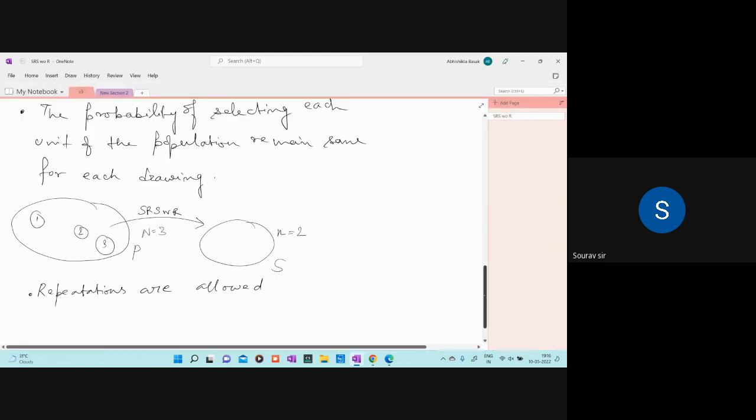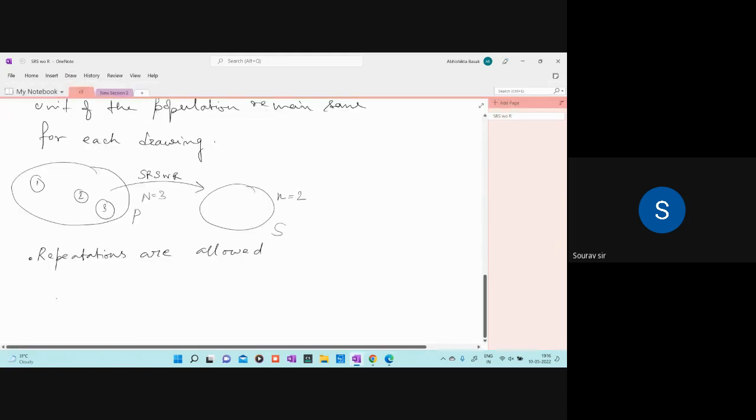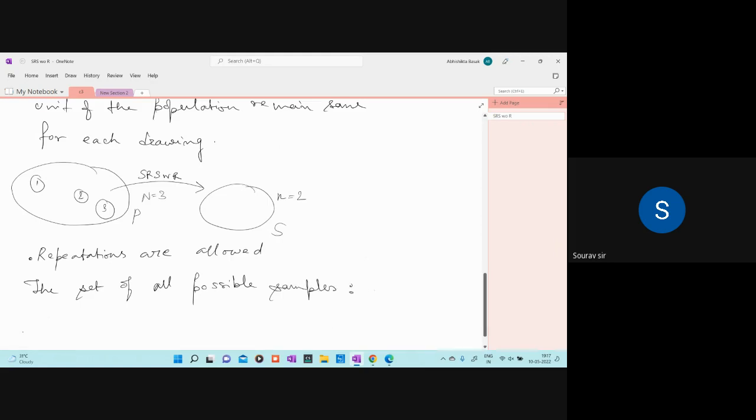Okay. So if we are continuing with our example, what will be the set of all possible samples if I am getting the first unit at the first draw and returning it back in the next draw? I may get another first unit.